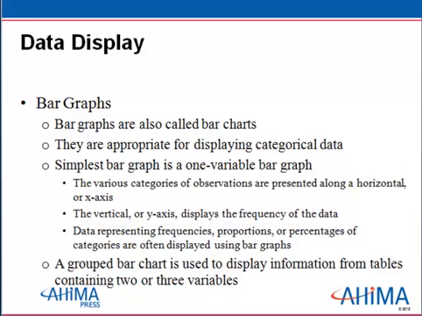The vertical axis, or y, displays the frequency of the data. Data representing frequencies, proportions, or percentages of categories are often displayed using bar graphs. A grouped bar chart is used to display information from tables containing 2 or 3 variables.